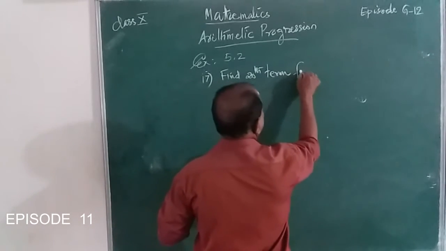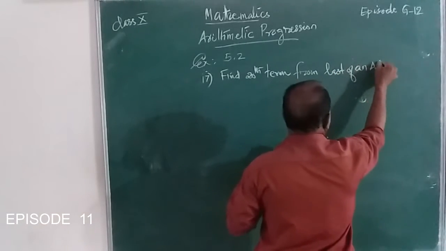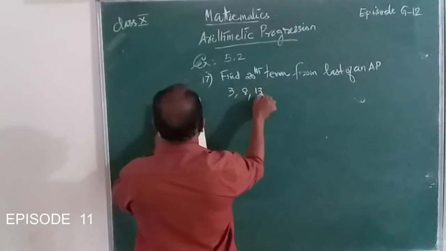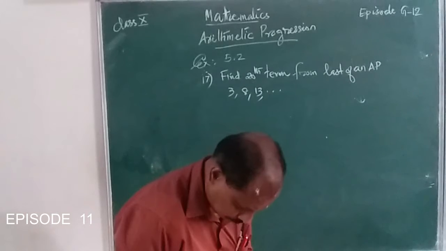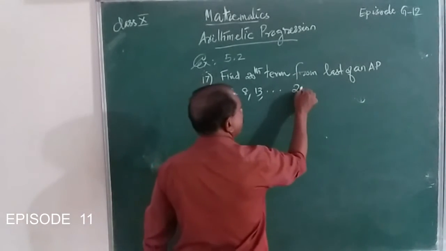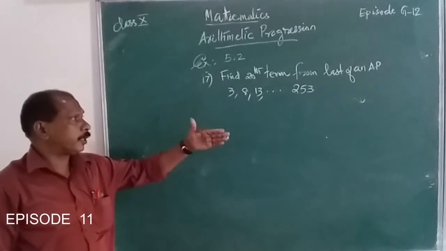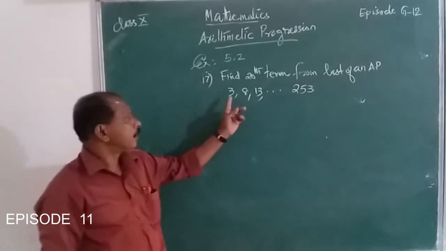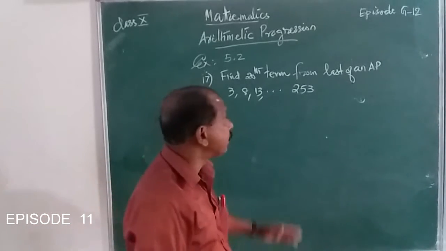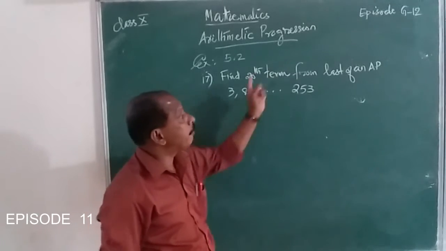If we had to find the 20th term, then A is equal to 3 and D is equal to 5, and A20 is equal to A plus 19D, and we get the answer. But this is the important question: find the 20th term not from the first, but from the last.